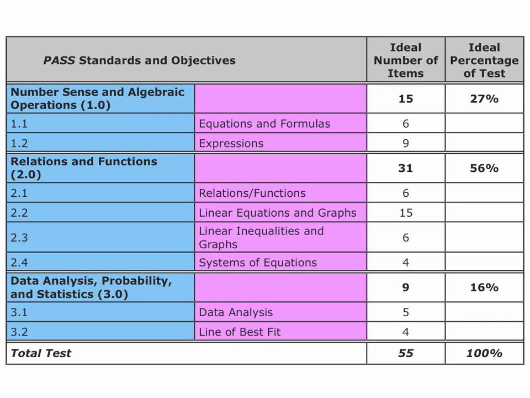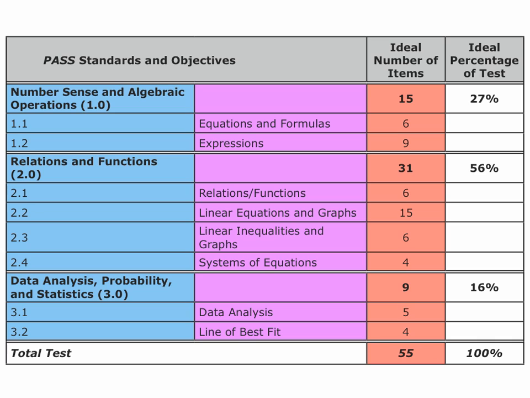Now, what the next column tells us is how many questions on the EOI are going to be over each objective and standard. If you look at the standard number sense and algebraic operations, it says the ideal number of items, which means they're not going to guarantee that there's going to be 15 questions over that standard, but that's what they're shooting for when they're making the test.